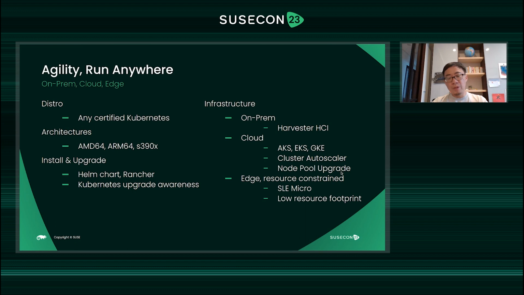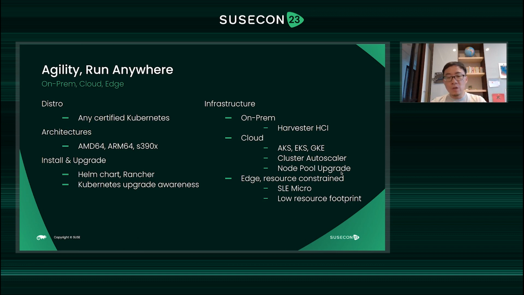Longhorn will ensure the running volume replica is available before draining the nodes by using PDB to protect the Longhorn components. This is what we have done recently. So this is the best practice for users: when their cluster has Longhorn installed, they can still do a Kubernetes upgrade without any data impact or data loss.